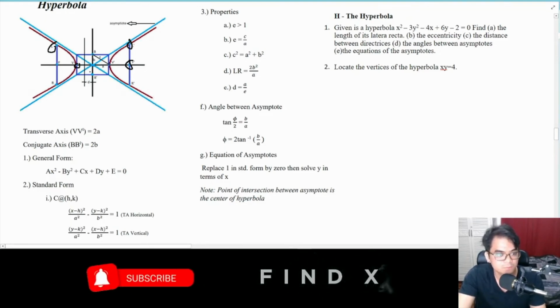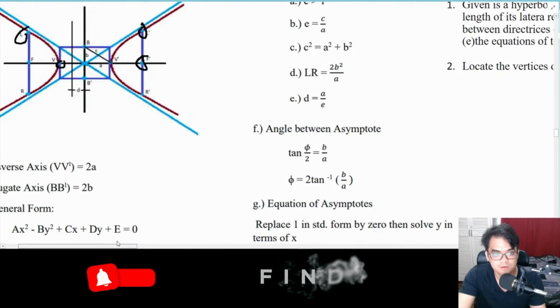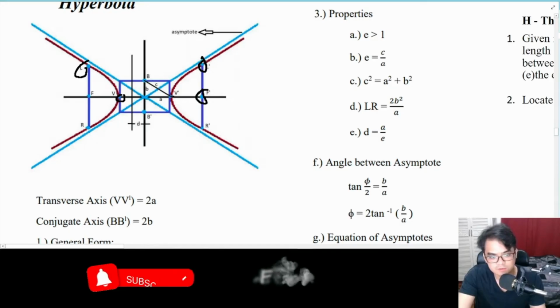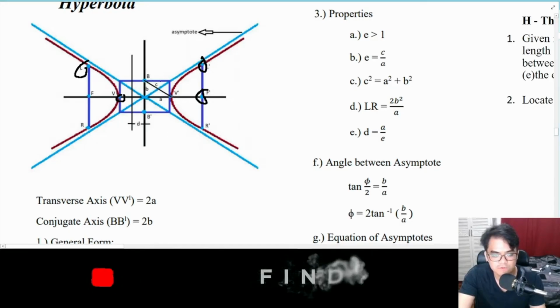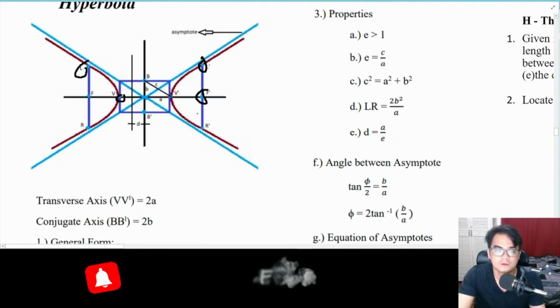And what else? I will zoom in a little. This will be a and this will be b, and then c will be its hypotenuse. So you will have a relationship like this: c squared is equal to a squared plus b squared. Okay, next.